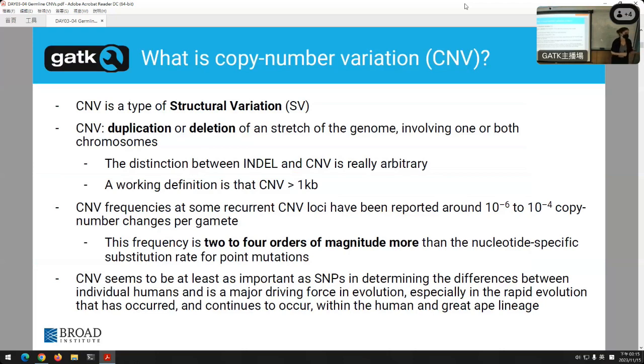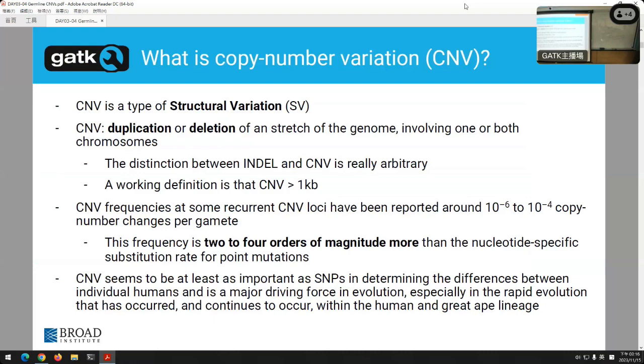So when you're talking about CNVs in whole exomes, then actually you're talking about larger CNVs, maybe greater than 1 kb. But tomorrow, when I'll talk more about SVs in whole genomes, I might say it's anything greater than 50 bases. So this line is pretty arbitrary.